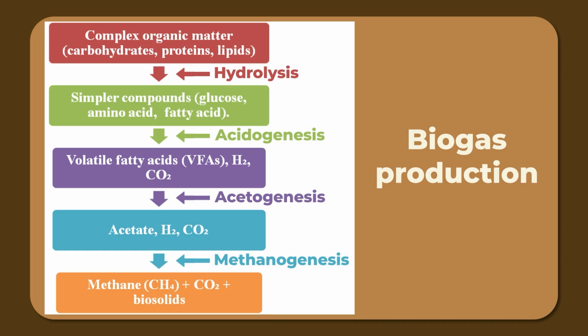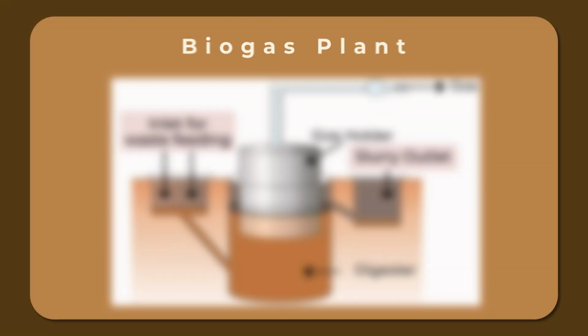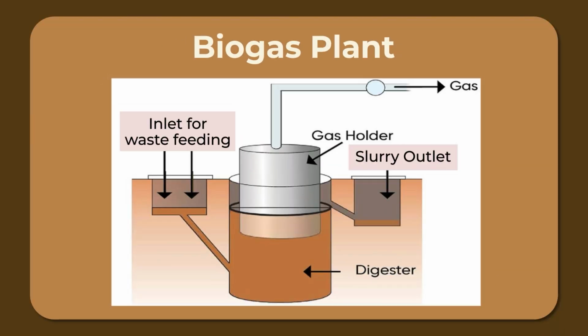In the last stage, the methanogenic microbes will lead to methanogenesis. That means they will produce methane from the acetate, along with some carbon dioxide, and there will be production of biosolids which can be used as slurry or utilized as soil fertilizer. So, this is the way biogas, that is methane, is produced from the organic waste generated in the food industry. Here in this slide you can see the biogas plant, the components of a biogas plant.